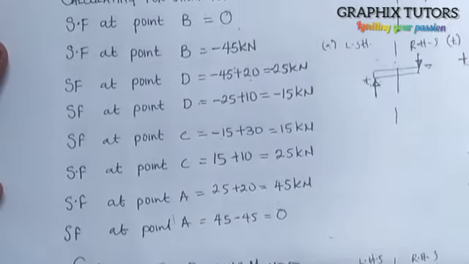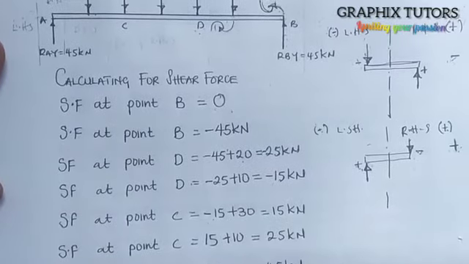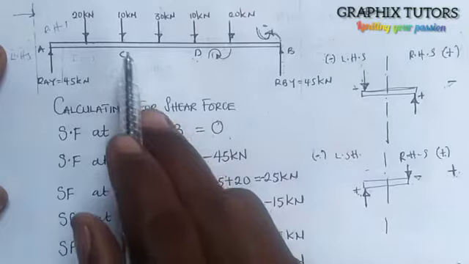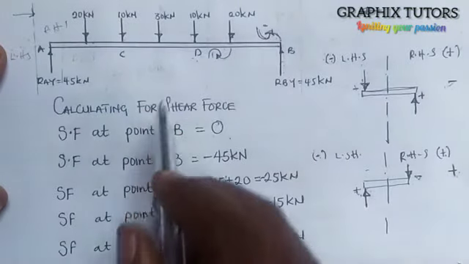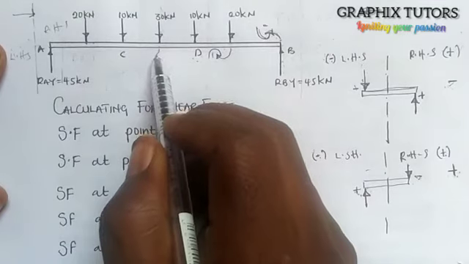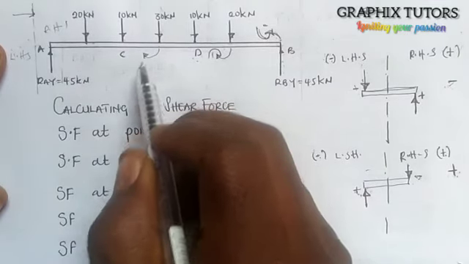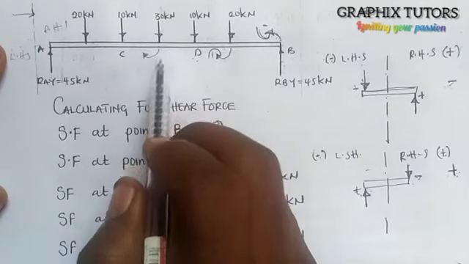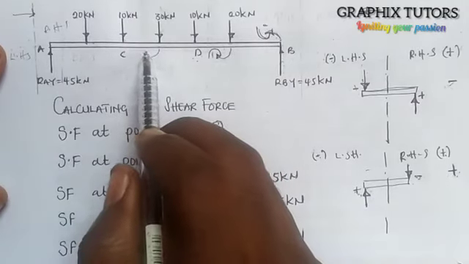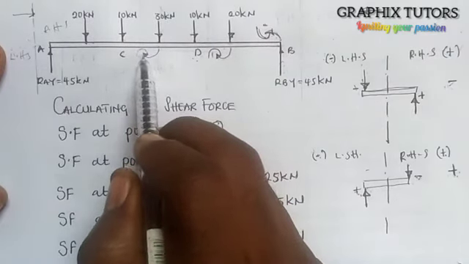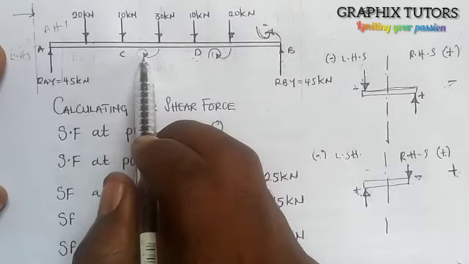So in going to point C, let's see. So we're now dealing with point C. So this is point C here. So let's start. If I move from here, it's coming towards point C. This is going clockwise, meaning the arrow is pointing to the cup and the cup is upside down, right? So when it's going clockwise like this, bending moment is negative.